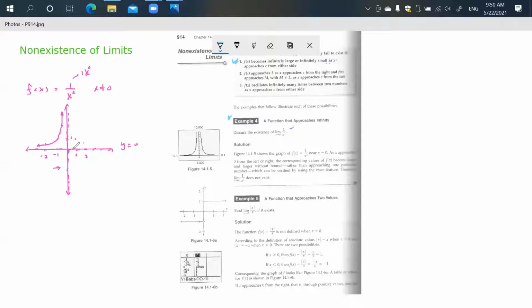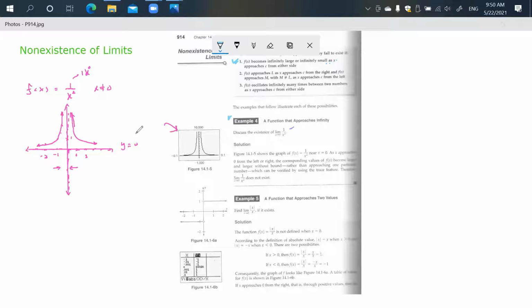When approaching the right hand side, it is the same. So this right hand side graph is symmetric with the left hand side. Should be symmetric like this, but my drawing may not be really correct.